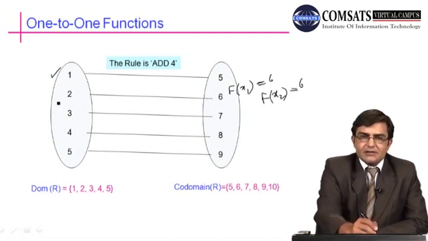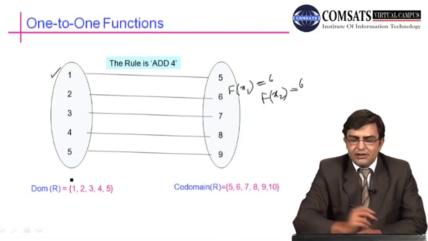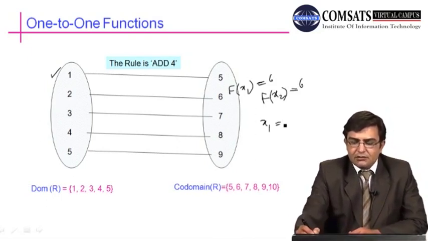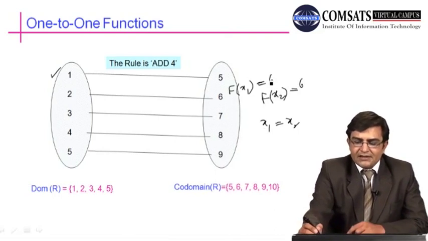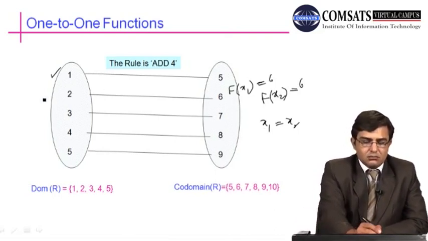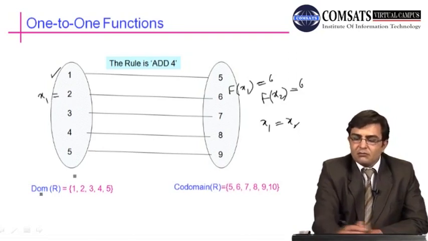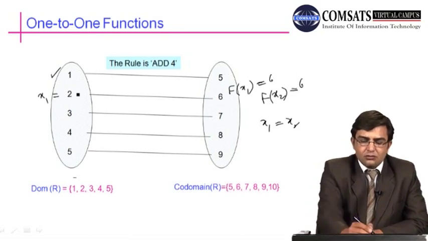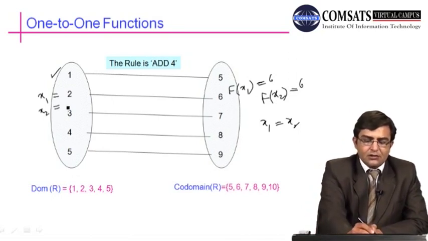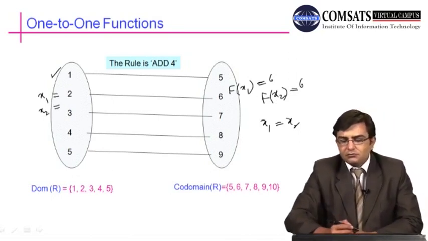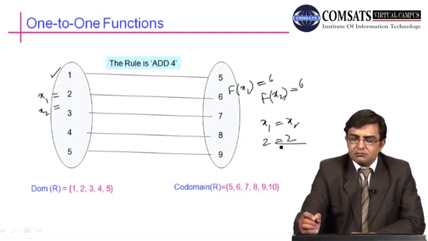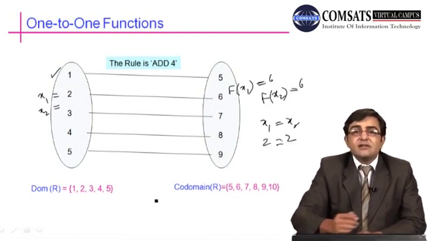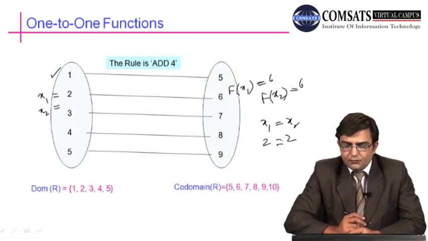Then the pre-images are also equal, meaning x1 is equal to x2, because 6 is the image of what? 2. This is x1, and here 6 is the image of 2. Here we have x2, which is also 2, so 2 is equal to 2.